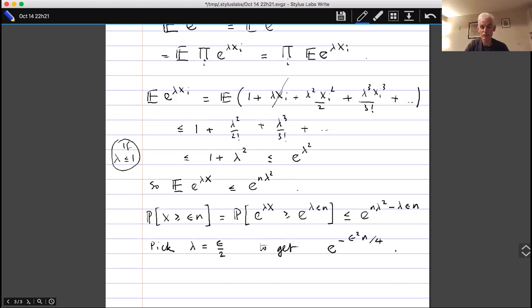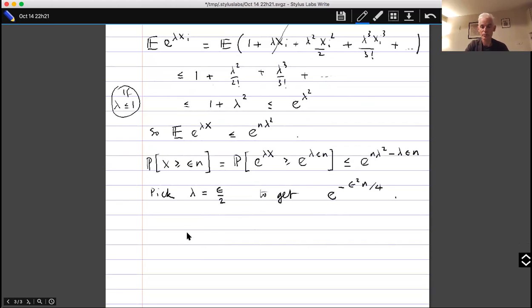And there are proofs that do things a bit more cleverly and get better bounds for this. All I mean is there is a better constant than 1 over 4, but that's good enough for our purposes.